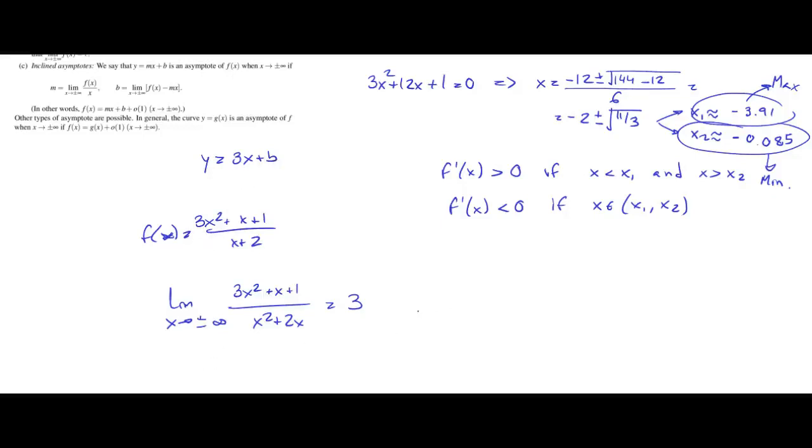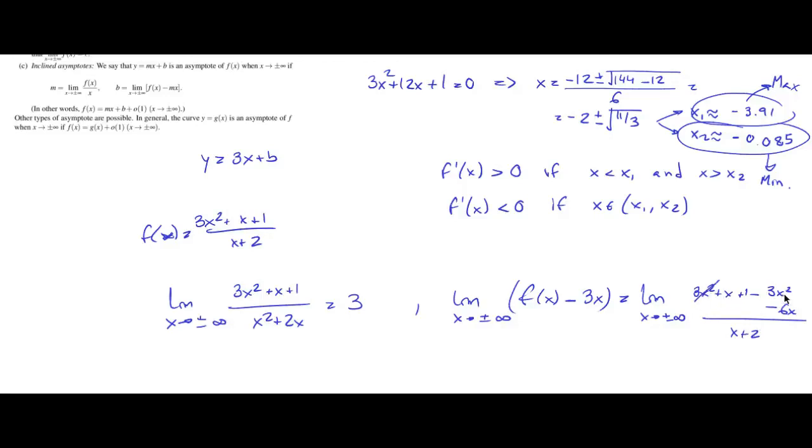And now we have to find the limit when x goes to plus minus infinity of f minus 3x. In this case what we have is the limit when x goes to plus minus infinity of 3x squared plus x plus 1 minus 3x squared minus 6x, divided by x plus 2, right?